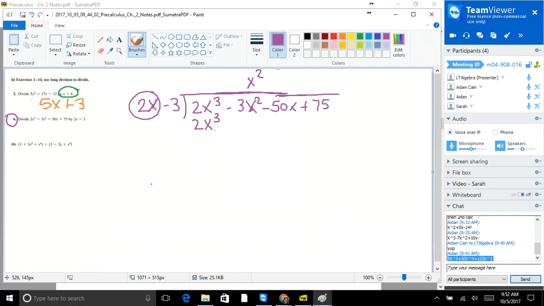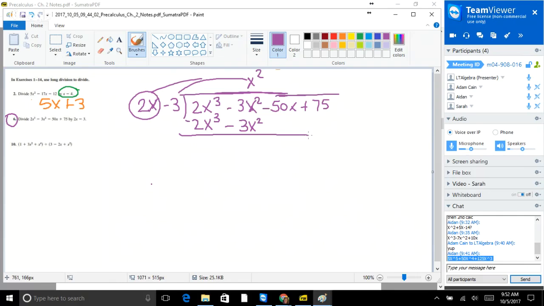All right, but then I can't forget about my other term. So I have x squared times negative 3. So I get negative 3x squared. Well, that works out nicely. When I go to subtract my terms, right, I have nothing left over.